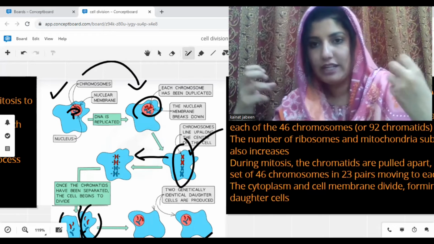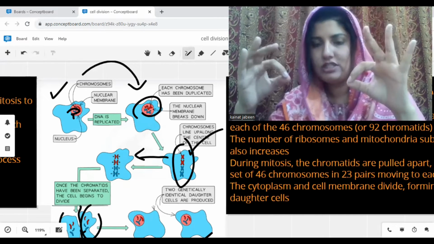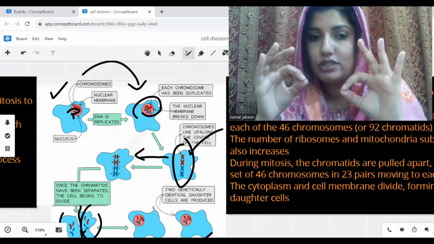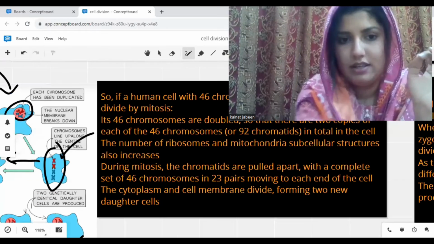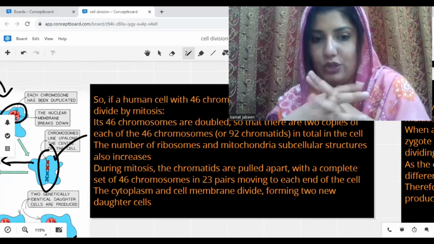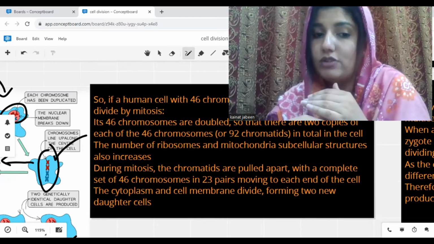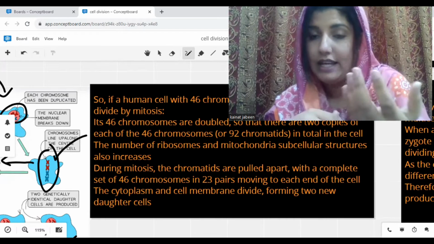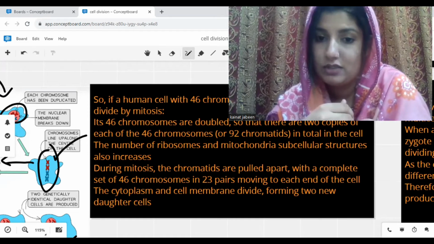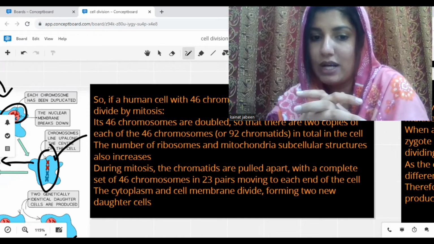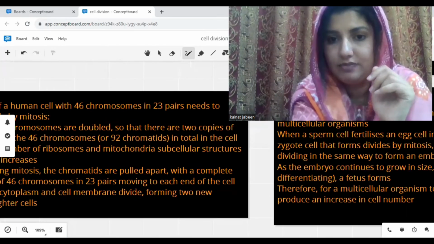Next, when they move to the sides, the membrane pinches inward, and two identical daughter cells are formed. When the cell is going to divide, the number of ribosomes and mitochondria also increases. As I told you, humans have 46 chromosomes in 23 pairs moving to each end of the cell. The cytoplasm and the cell membrane divide, forming two new daughter cells.